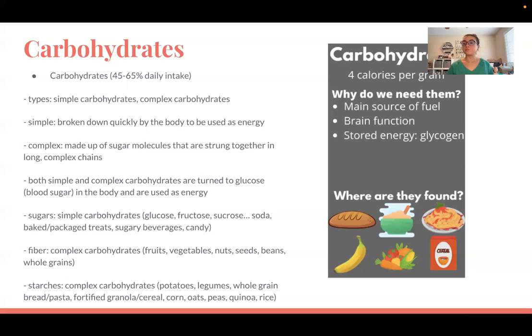Things like fruits, vegetables, nuts, seeds, whole grain bread, whole grain pasta, brown rice, things like that. And then starches are also complex carbohydrates. So things like potatoes, legumes, whole grain bread, fortified cereal or granola, oats, quinoa, things like that.